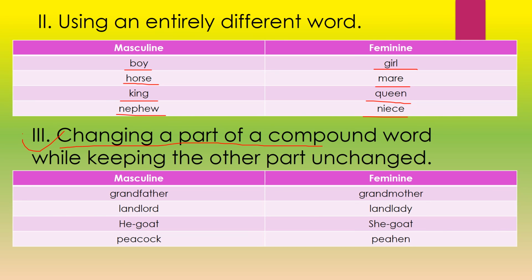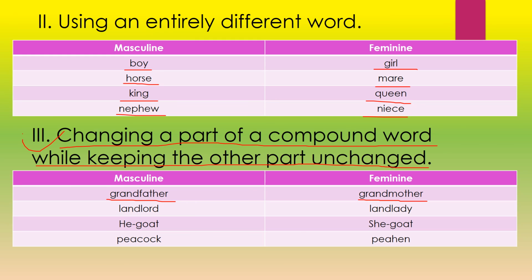Okay. Now, the third rule: changing a part of a compound word while keeping the other part unchanged. In this case, if there is a compound word given, then one part of the word remains the same for both feminine and masculine gender, and the other part is getting changed. Let us look into the examples. Grandfather is given in the masculine gender. For the feminine gender, grandmother.